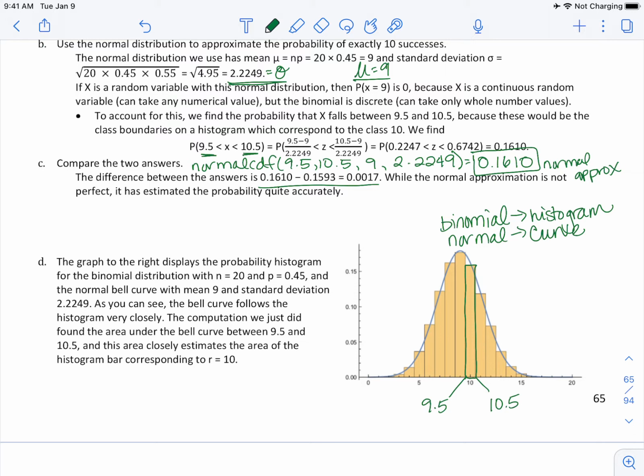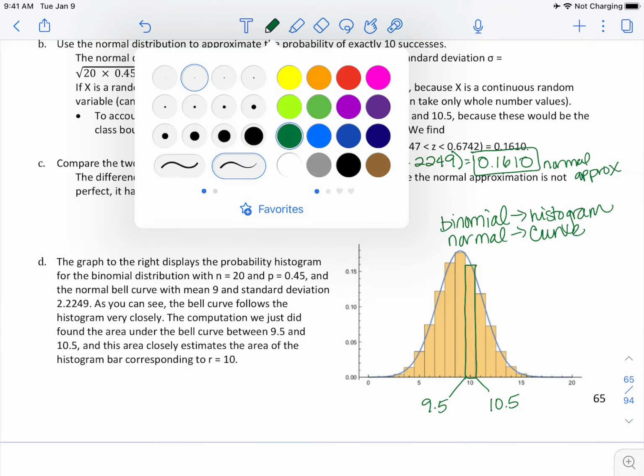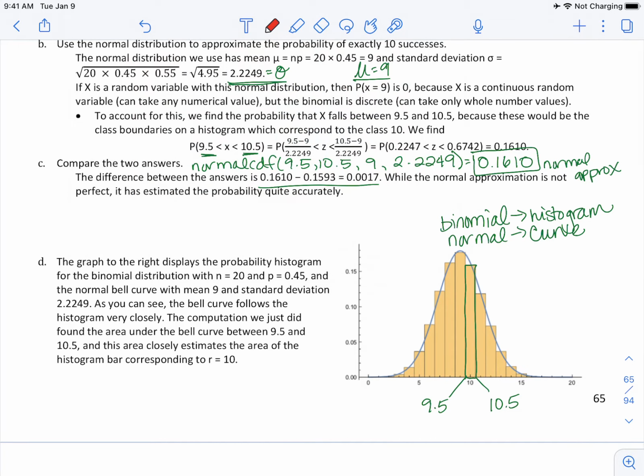And so we're doing the computation of finding the area under the curve from these parts. The curve goes like that. And so you can see that it will very closely estimate what we're looking for.